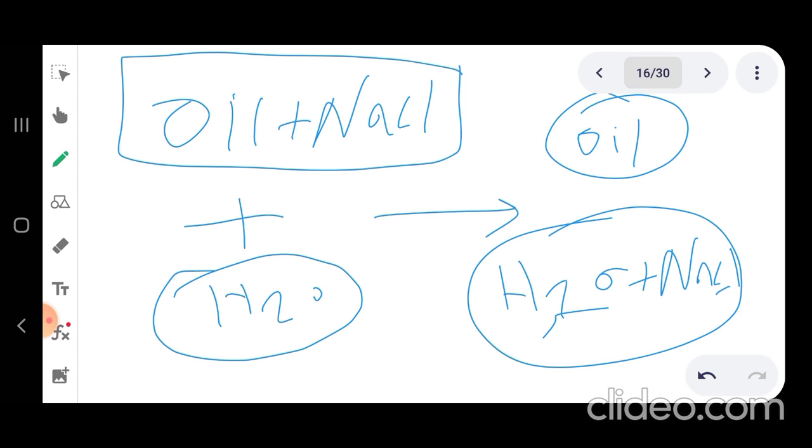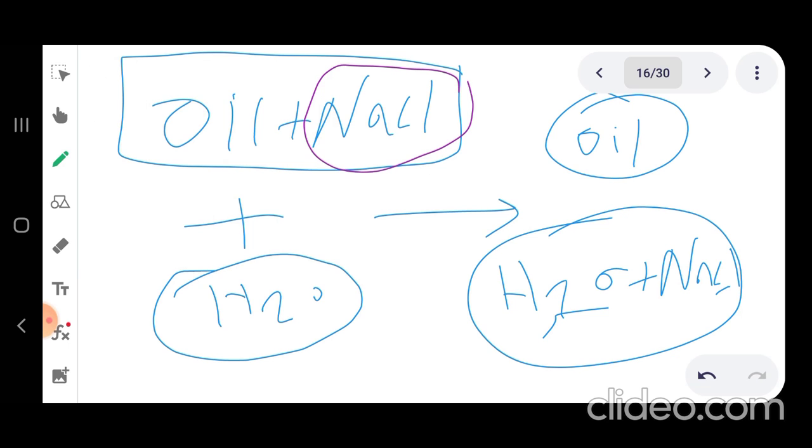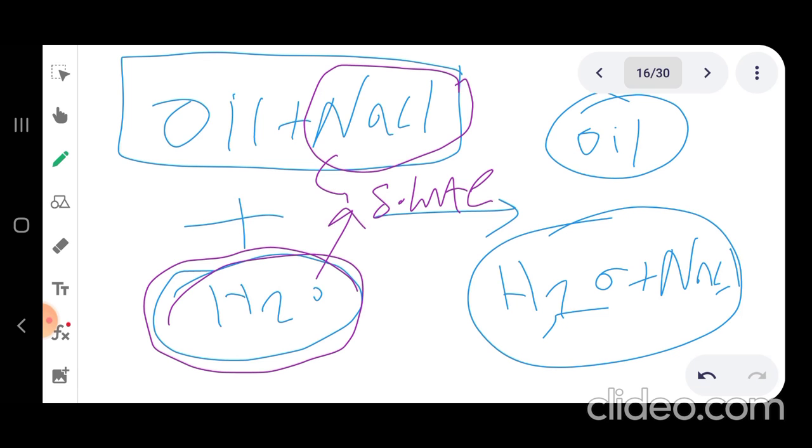So NaCl, which is to be attracted, is called the solute. The component that will attract this solute is called the solvent. The component that holds the solute initially is called the carrier.